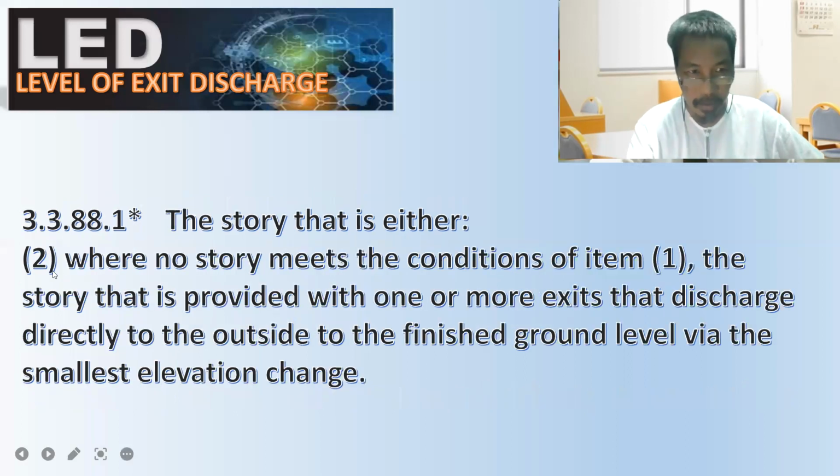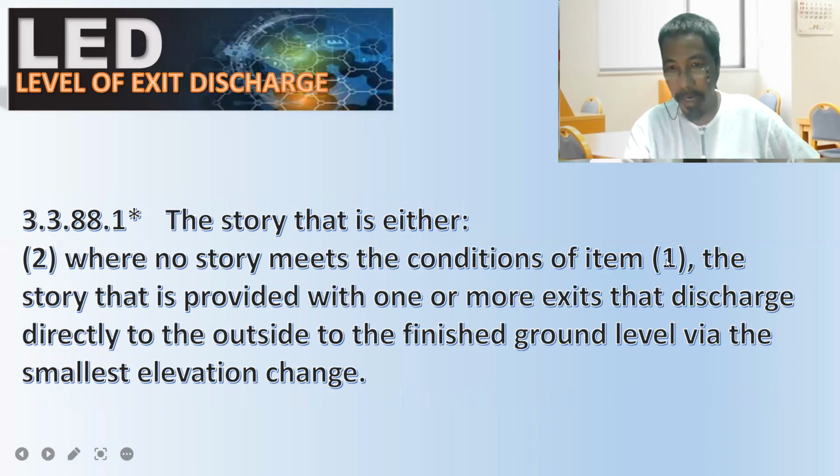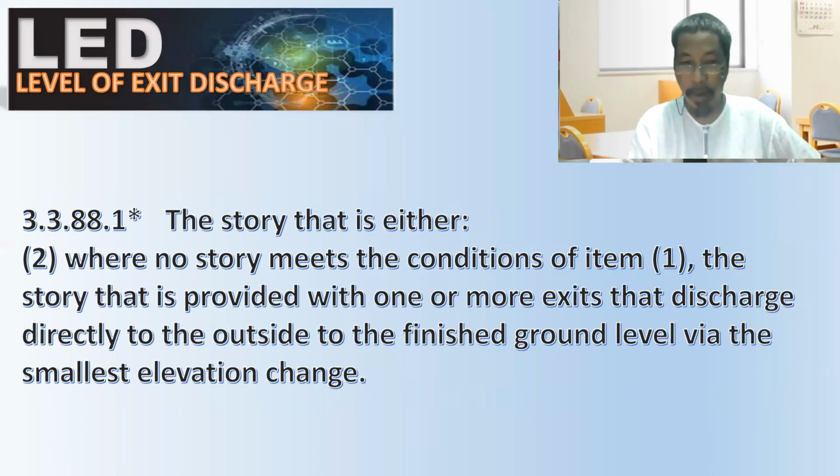The next item is number 2, where no story meets the conditions of item 1. If there are no floors that meet the condition of item number 1, the floor that is provided with one or more exits that discharge directly to outside to the finished ground level by the smallest elevation change.